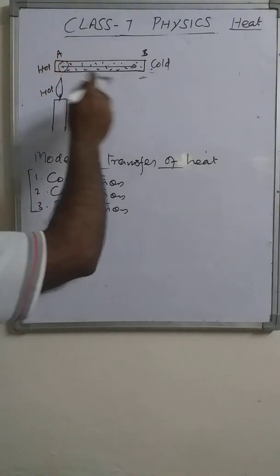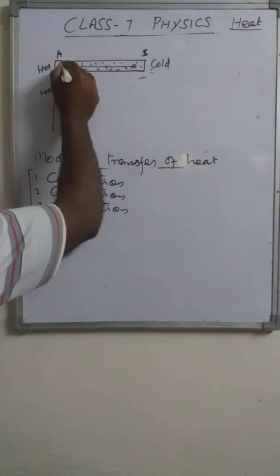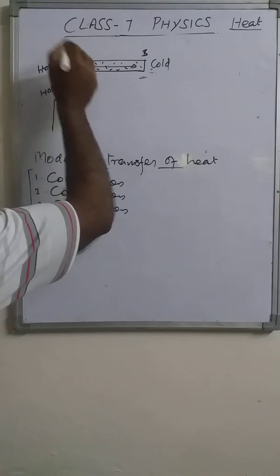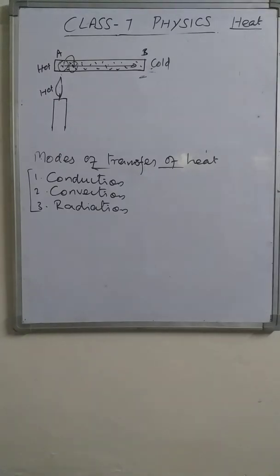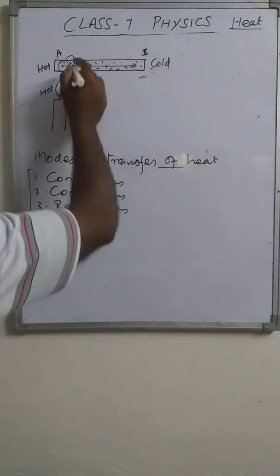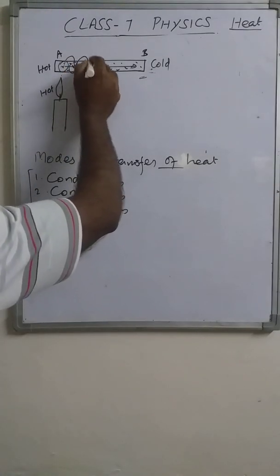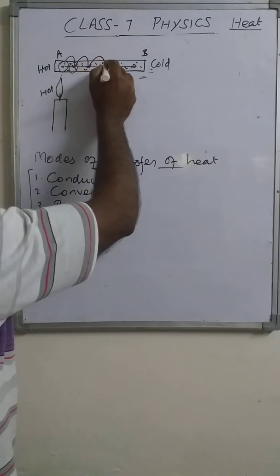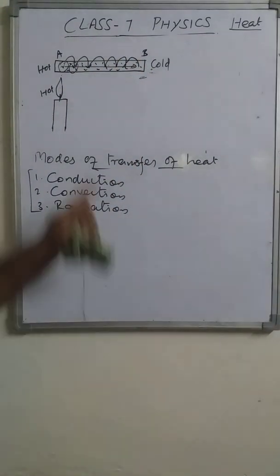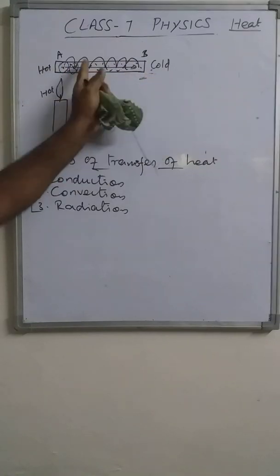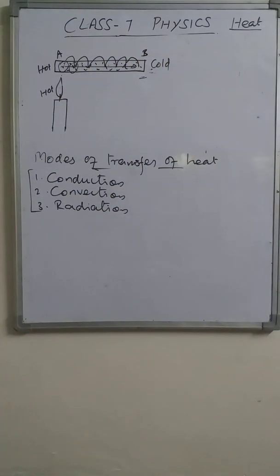Due to this to and fro motion, the heat is transferred to this part, and those particles again come into to and fro motion. In that case, it is transferred again. Continuously this to and fro motion takes place, and the energy is transferred from one place to another place.